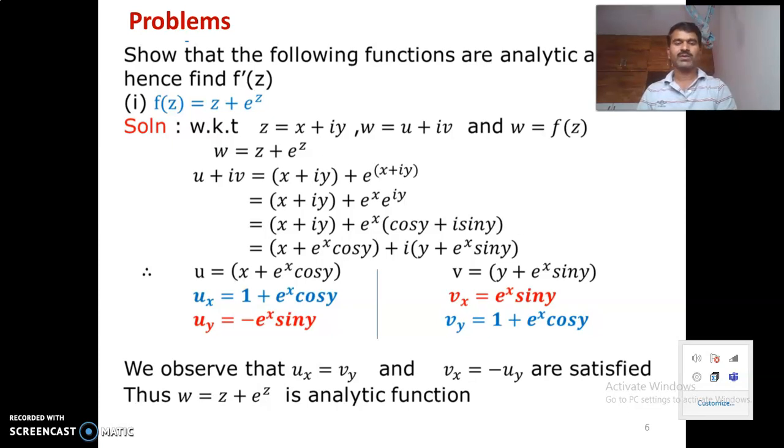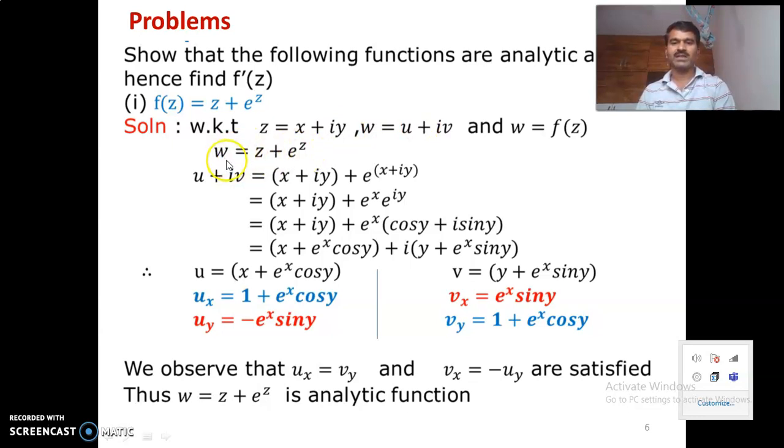We know that you can replace z by the complex variable x plus iy and w by u plus iv, where w equal to f of z. So totally this function can be taken as w equal to z plus e power z.